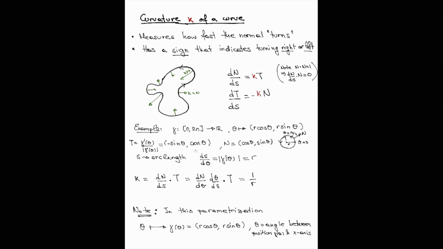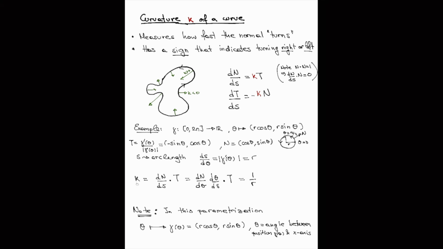And if I rotate it again 90 degrees clockwise, I get the normal, which is cosine theta, sine theta. Remember S denotes the arc length, and we said ds d theta is the length of the derivative, which gives me exactly R. So now we can compute the curvature of this simple example.